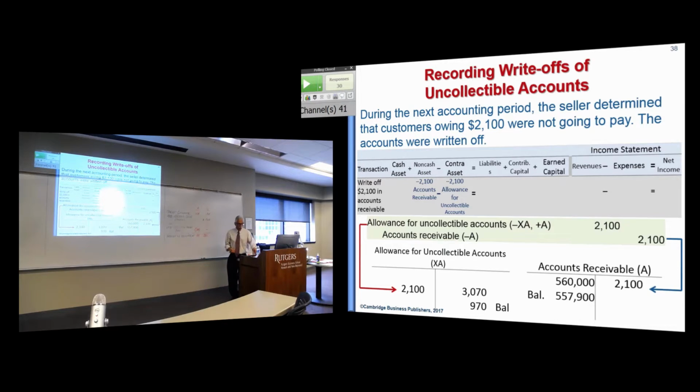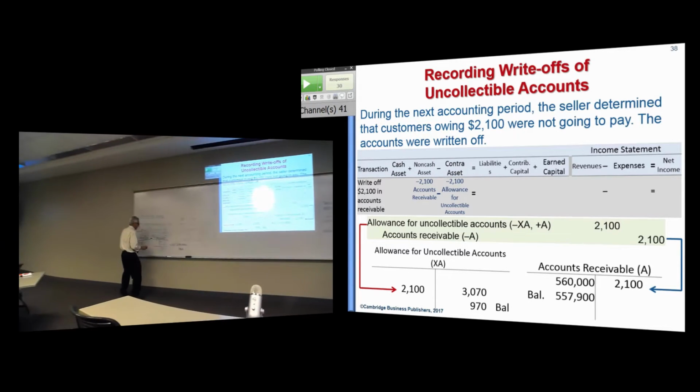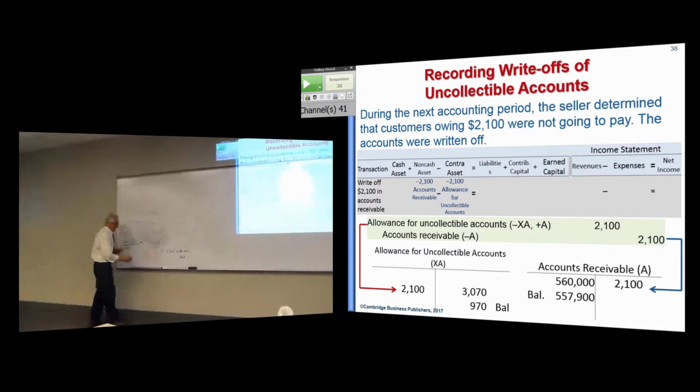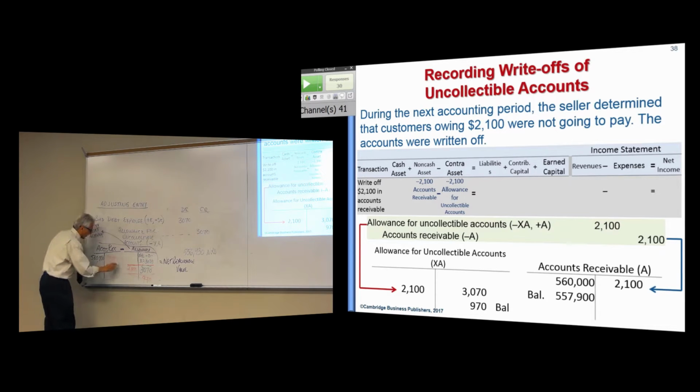So after the write-off, I have it here anyway, but I'll show you, you're going to now write the account off, 2,100. The balance is 970 in that account. And you wrote the receivable off also, and that balance is 5,579.